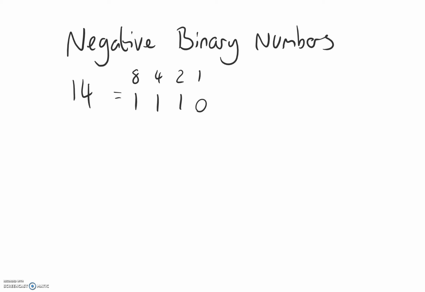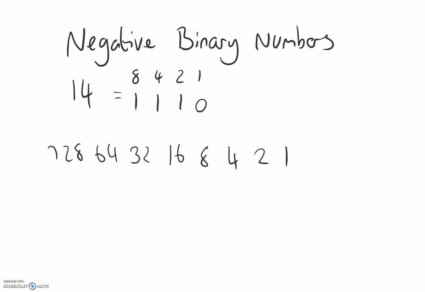Where it starts to get a little bit different is when we start to deal with negative numbers, because negative numbers, how do we get them in our scale? If we're dealing with 8 bits, we've got the headings 1, 2, 4, 8, 16, 32, 64 and 128. No room for any negatives.